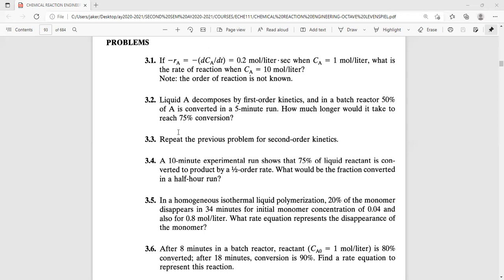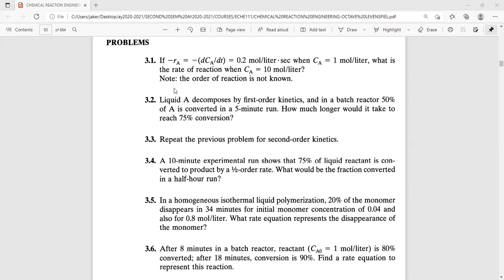Okay, so for 3.1, you're given that the rate, which is the rate of change of the concentration with time, is equal to 0.2 mole per liter per second when C sub A is equal to 1 mole per liter. What is the rate of reaction when C sub A is equal to 10 mole per liter?